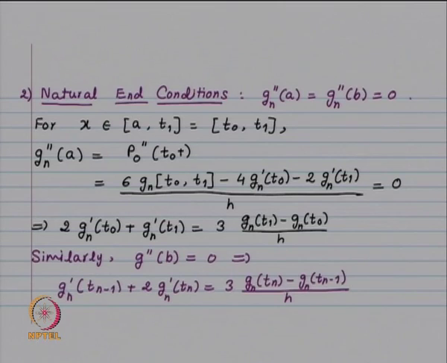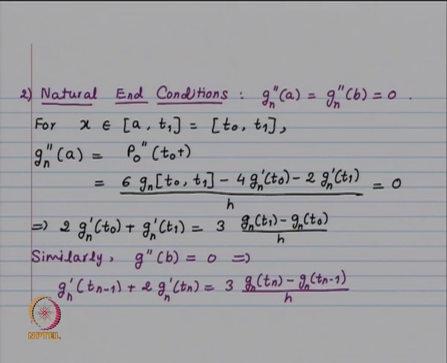So, we have got the formula. You substitute that formula. We had the formula for p i double dash at t i plus. In that formula you put i equal to 0, and then we get the formula which involves the value of the function g n at t 0 and t 1 and the value of the derivative of g n at t 0 and t 1.